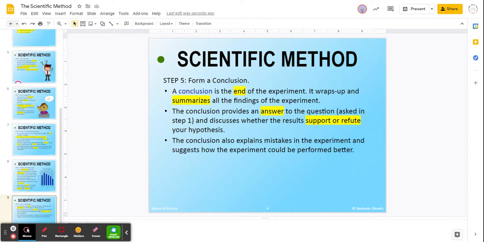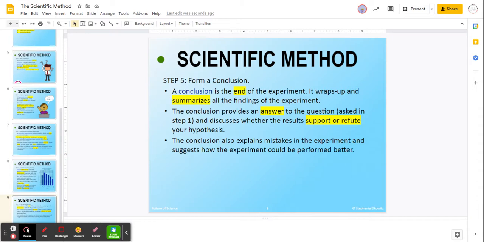Our conclusion, we would state, after conducting our experiment, we have proven that yes, fertilizer does help plants grow bigger flowers. Right? This supports the hypothesis that we made at the beginning of the experiment.